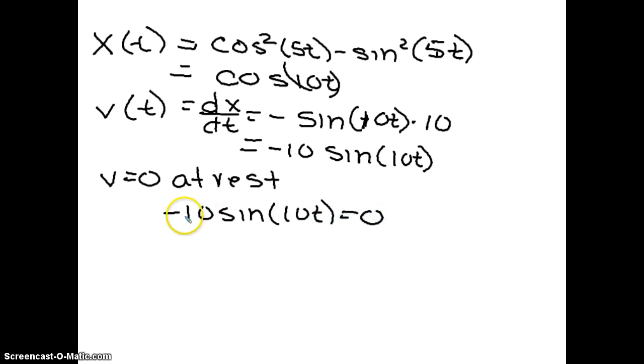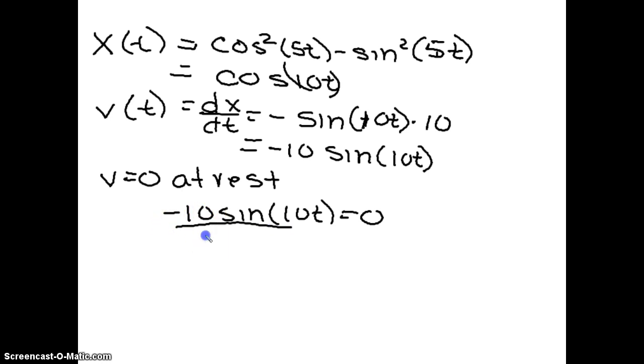Now, this negative 10, today when you were working on the group stuff, this negative 10 on the outside was giving you some issue. So remember, on the outside right here, it doesn't affect the solving of that equation. We're going to divide through by that. So if this number were something other than 0, I'd still have to divide this whole equation by negative 10.